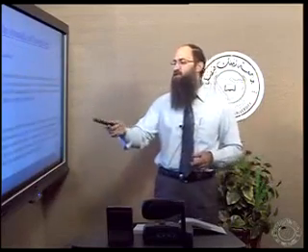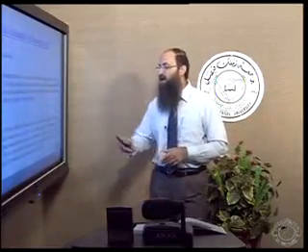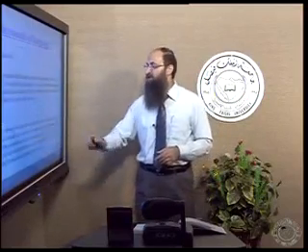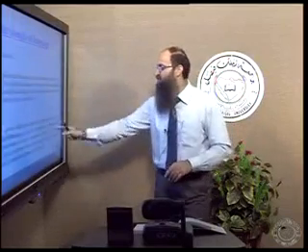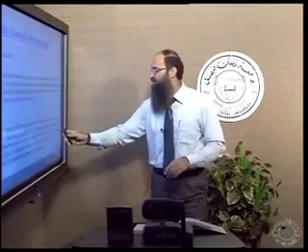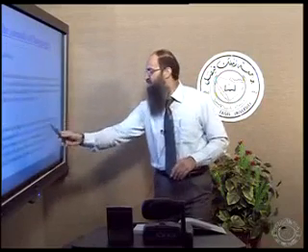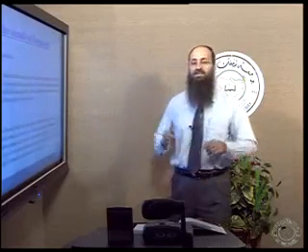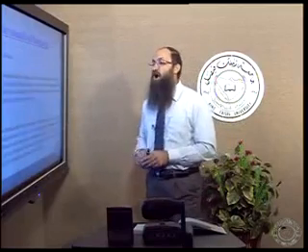Now, the symbols for these sounds are very easy to remember. For t, this is the symbol. Again, it's almost the same: t, d, s, z, n. These are the symbols of these sounds.